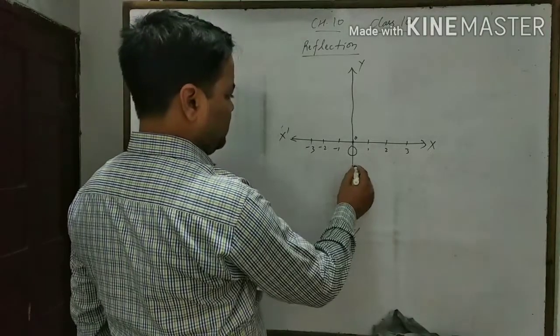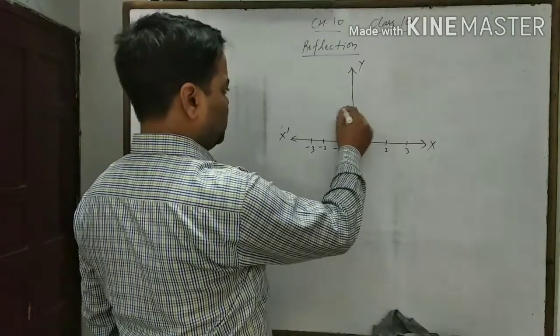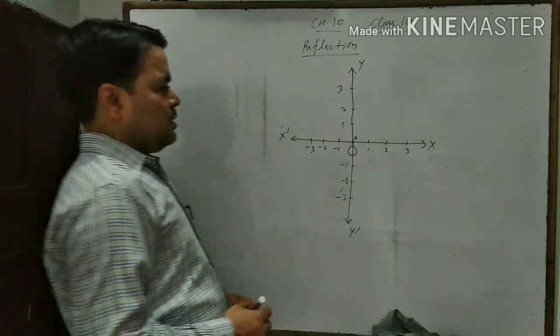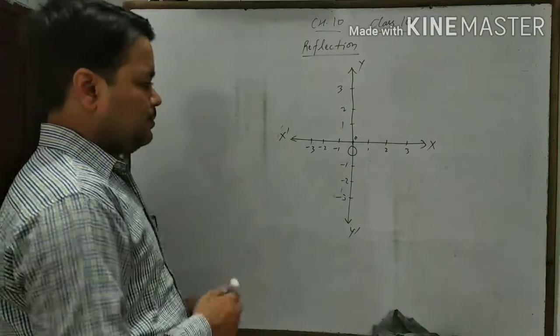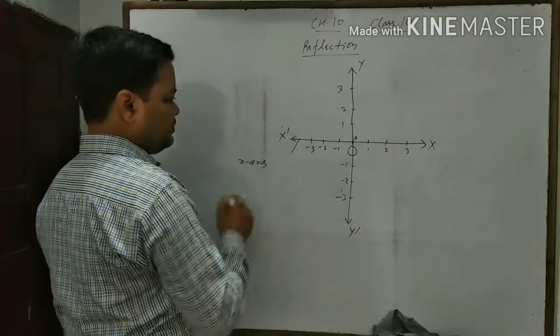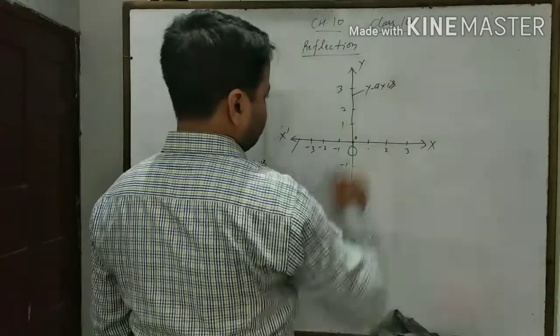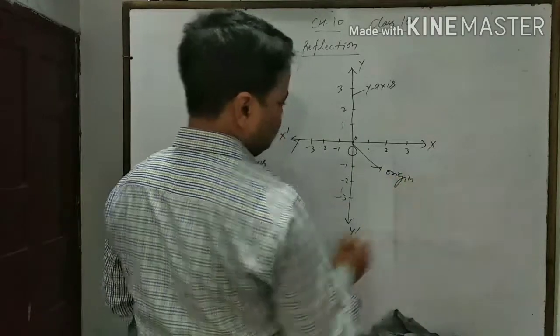Then this will be minus 1, minus 2, minus 3, 1, 2, 3. Now this XOX' is called the x-axis. YOY' is called the y-axis, and this 0 is called the origin.